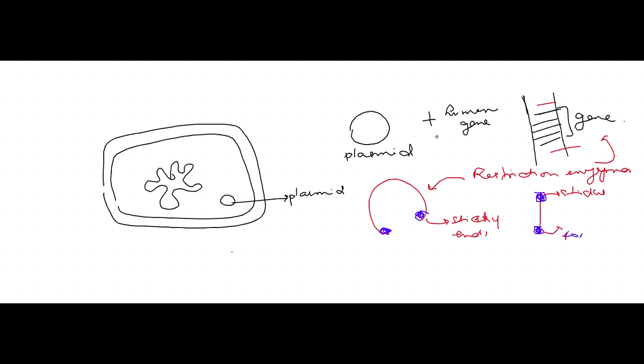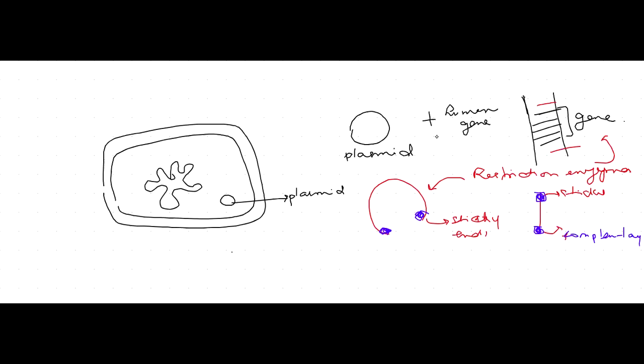That's why I'm using the same enzymes, because I want the ends to match up. If the ends match up, I will see successful insertion. So these sticky ends are complementary to each other, the sticky ends on the plasmid and the sticky ends on the DNA. Now, what is going to end up happening?